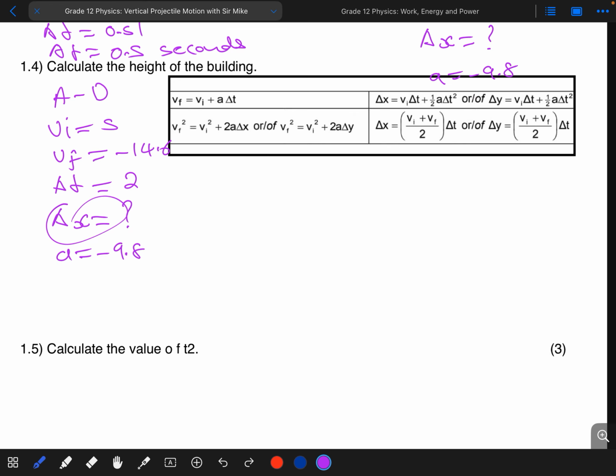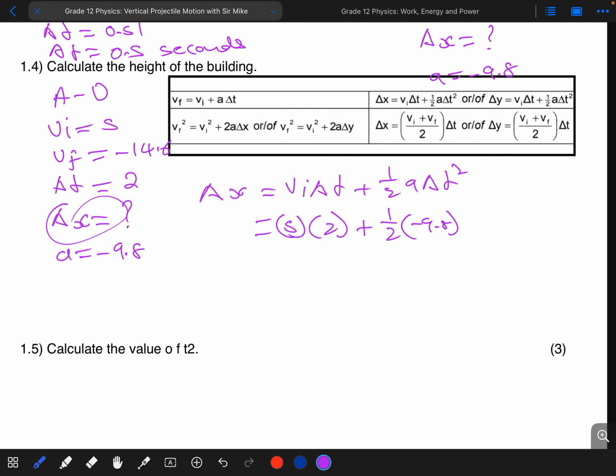So delta x is equal to vi multiplied by delta t plus a half multiplied by acceleration multiplied by delta t squared. I'm just going to substitute those values. So v initial, that's 5 multiplied by 2, plus a half multiplied by a, which is negative 9.8, multiplied by t squared, which is 2 squared.